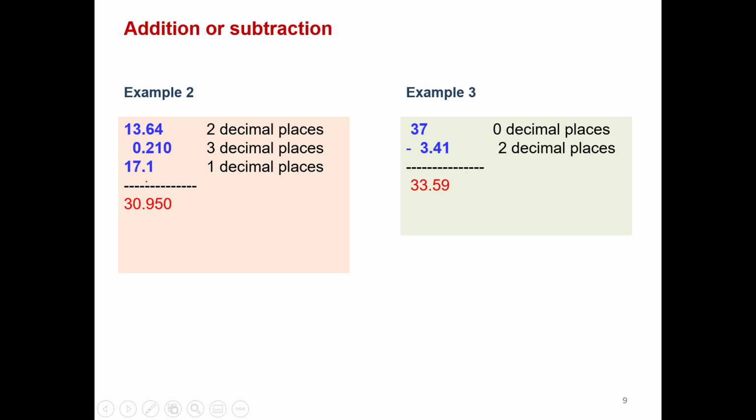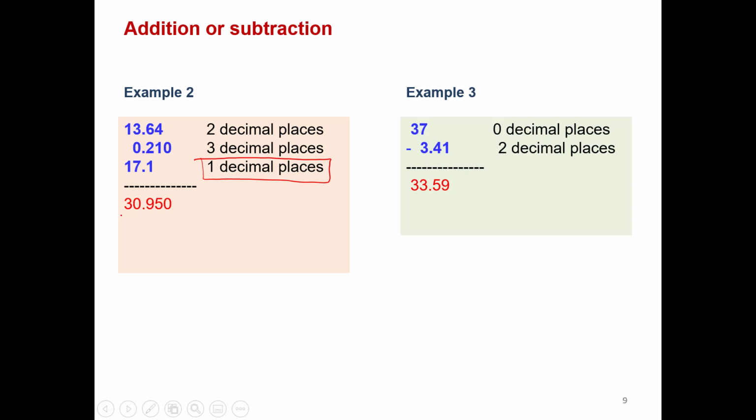Let's think this is the result of 3 different measurements, and we need to add these 3 measurements together. And now we need to give the answer with the right number of significant figures. We had 2 decimal places, 3 decimal places, 1, 2, 3, 1. Then now we know the answer should be with 1 decimal place, yes.